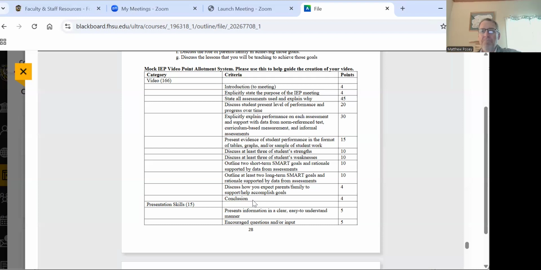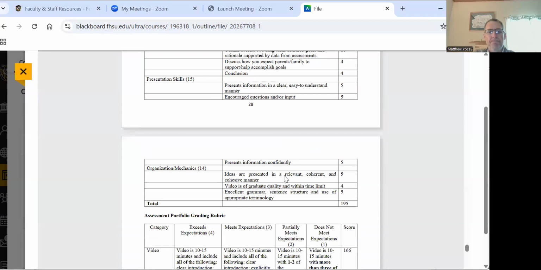Where would your confidence be in that teacher, based on that observation of seeing how disorganized they were? Okay. So I'm looking for the flow of the meeting and being able to present it in a confident manner. Okay. That's what I'm focusing in on for this.